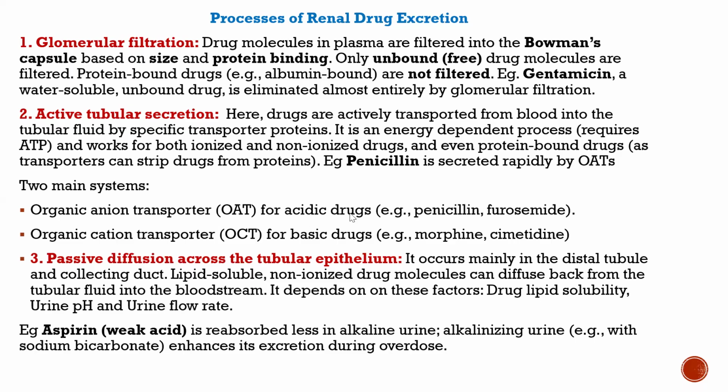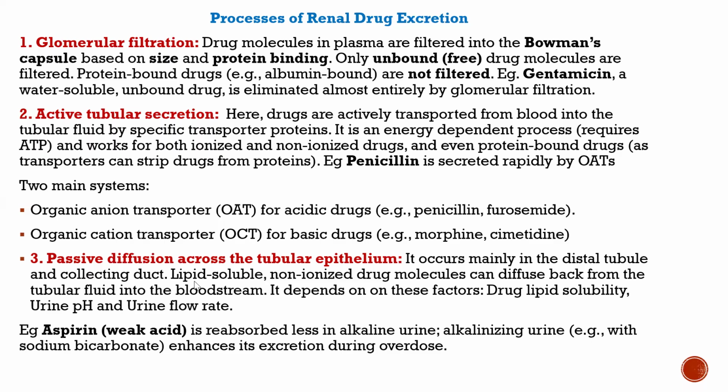The anion transporter is for acidic drugs, for example penicillin and furosemide, and the cation transporter is for basic drugs like morphine and cimetidine. So this transporter helps in the removal of the drug, which enables its elimination. That's what active tubular secretion is about.